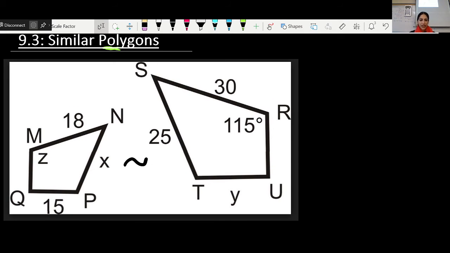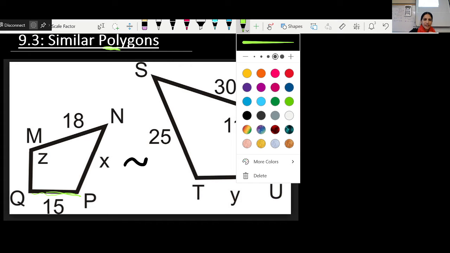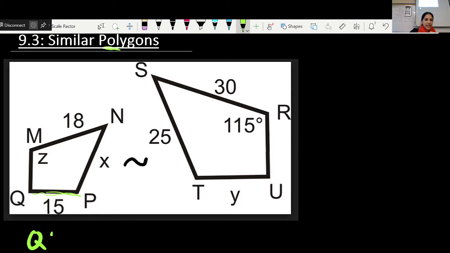Well, by starting out by looking at these, we would want to first of all take a look at the lengths of the sides and try to see which ones belong with one another, which ones sort of match up. So if I start, let's say, down here, I need to make that thicker so you can see it. But if I look at this side here, I'm going to call that side QP.